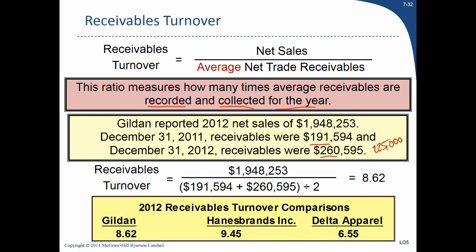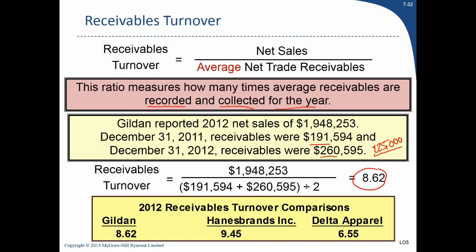But our revenue is accumulating, right? Because revenue is not point in time, revenue is over time. What this is saying is, if we had total sales of 1.948 million, and our average AR was 225, we went through that process of selling to the customer and then collecting all of that 8.62 times.